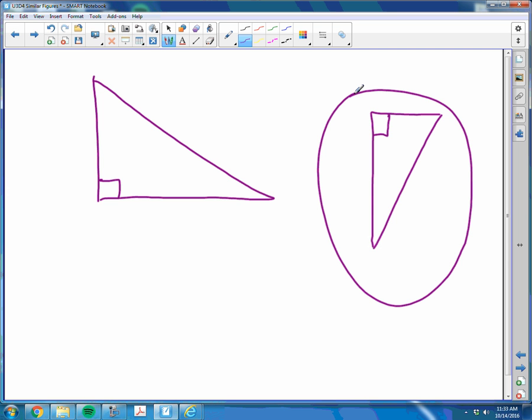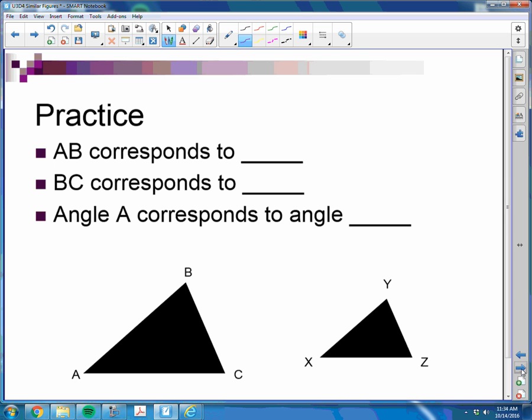Because really, this angle corresponds to this angle. So before you start setting up proportions, which I'm going to show you why proportions are important, or determining which angles correspond to one another, you might want to turn the figure and relabel it.